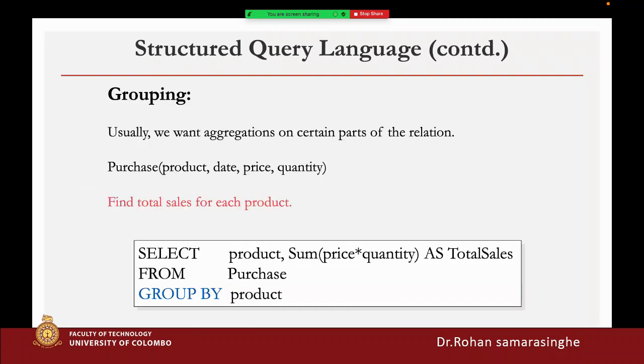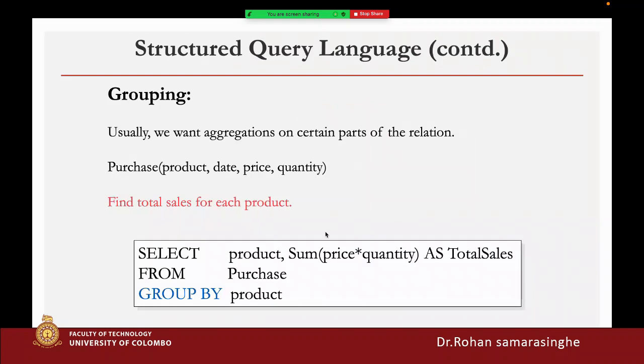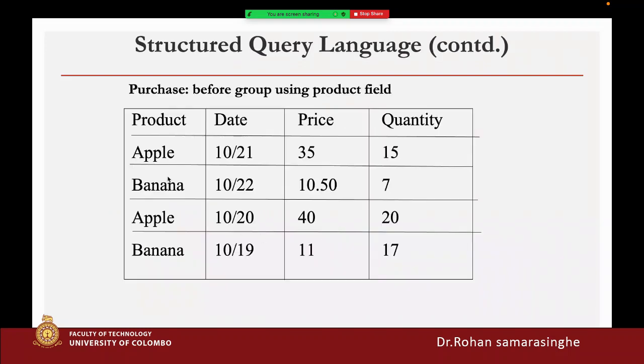Then you can group it. For an example, the previous example, let's try to write a database like this. Then you can see whether there is a database. Yes, here in this database: apple, banana, the sales date, the price and the quantity.